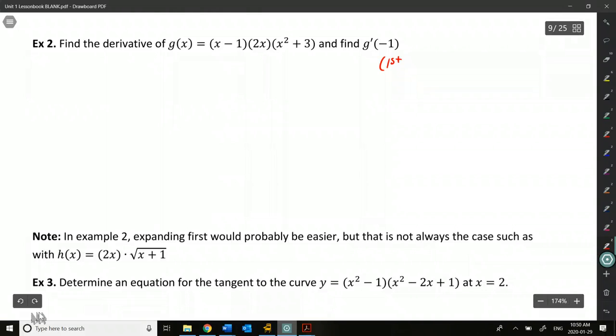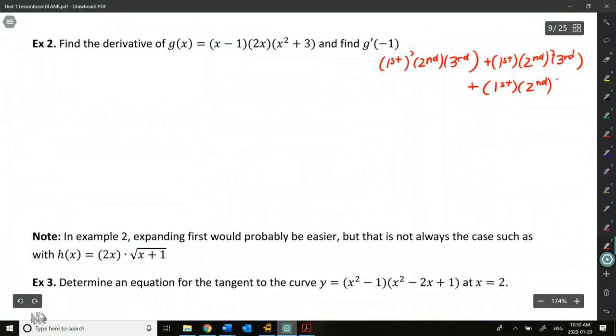If I have a first times the second times a third, I can do derivative of the first times the second times the third, plus the first times the derivative of the second times the third, plus the first times the second times the derivative of the third. Okay, we could do that. That is an option. You will get the same answer a couple different ways.